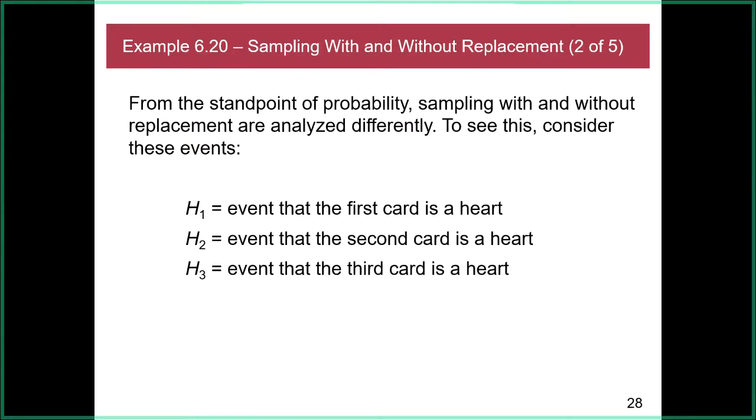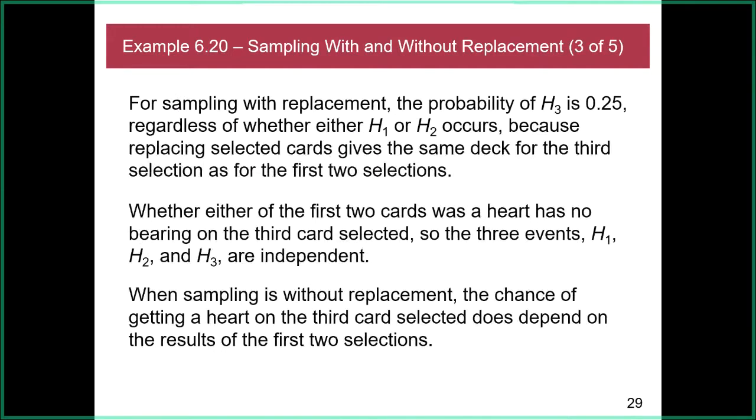So let's consider 3 events here. The probability that the first card is hearts, the probability the second card is hearts, and the probability that the third card is hearts. With replacement, H3 is 0.25 because regardless of whether 1 and 2 occurs, there's still going to be 13 hearts in the deck out of 52 because you put the first 2 back in.